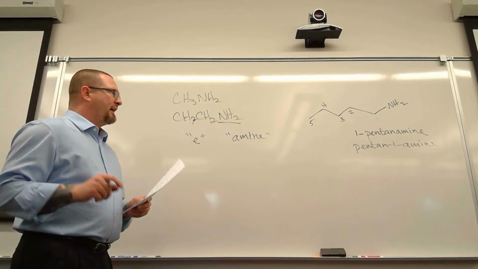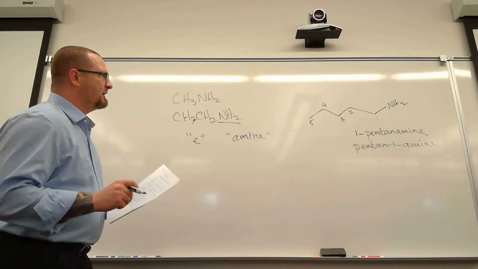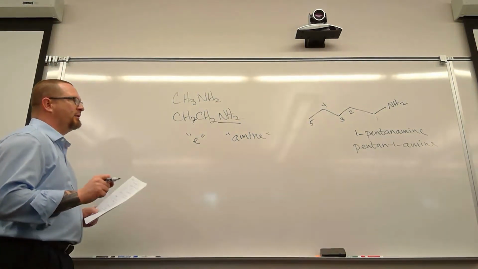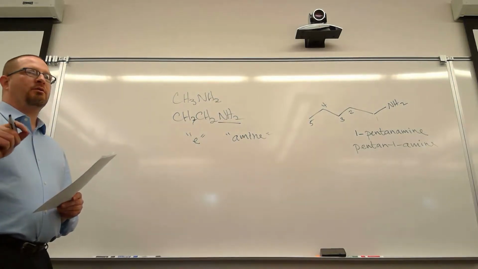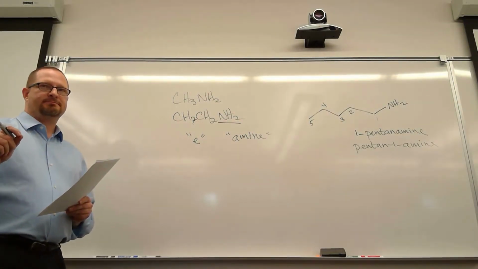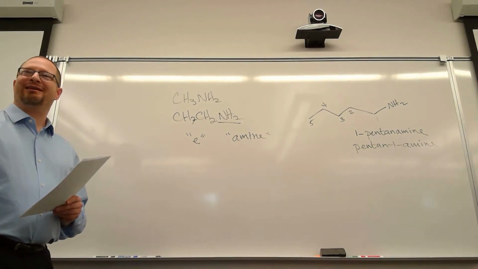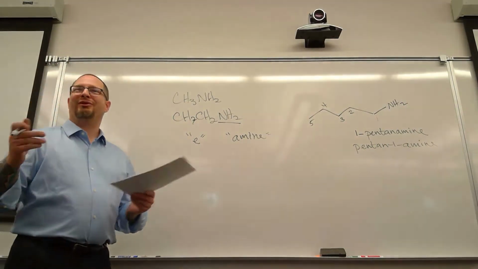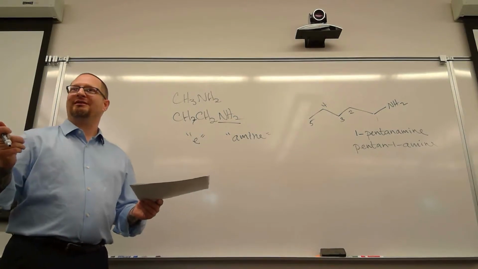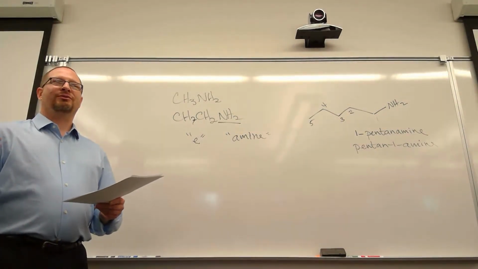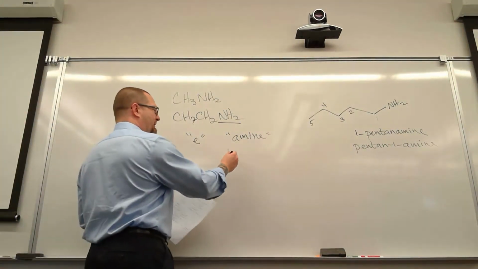The funkiness happens if we get into multiple bonds to the amino nitrogen. Because what do you name it? What do you number it as? There's no number ascribed to the nitrogen. So what we do is we use this really creative way.